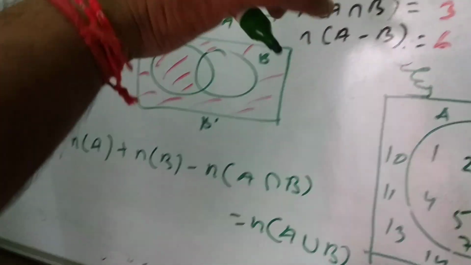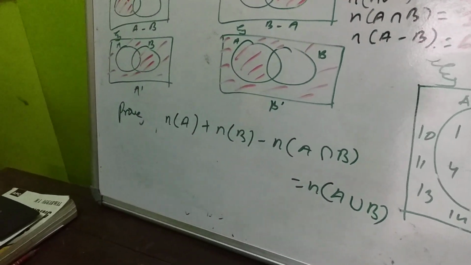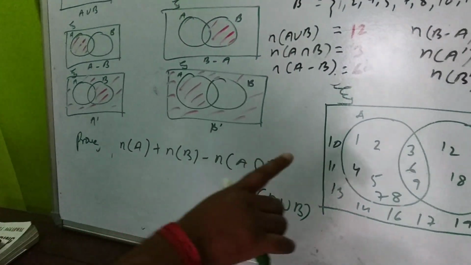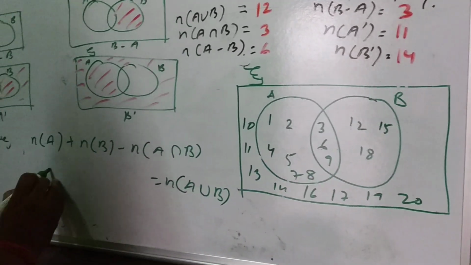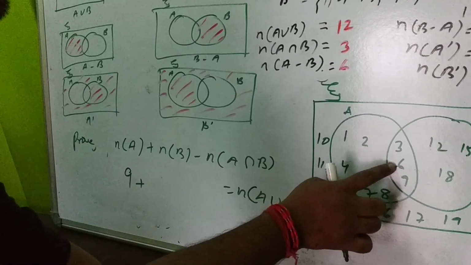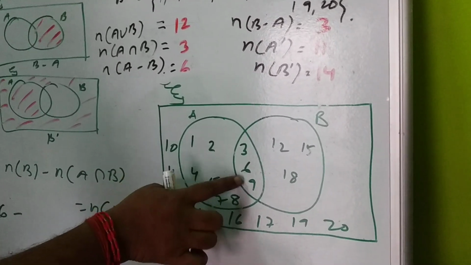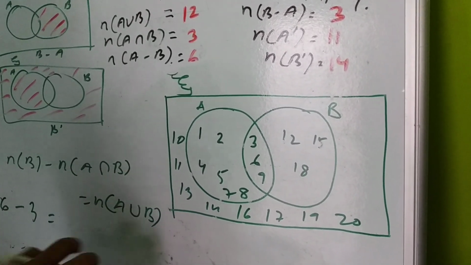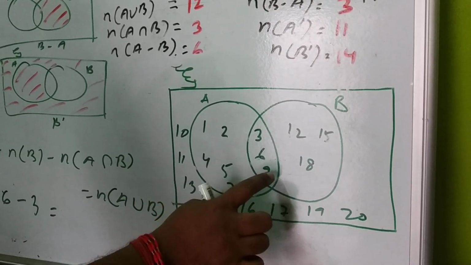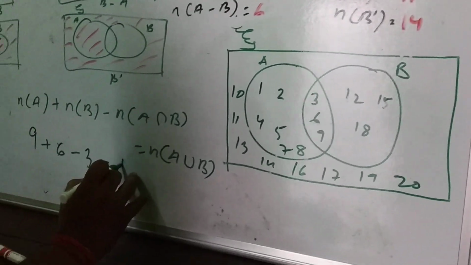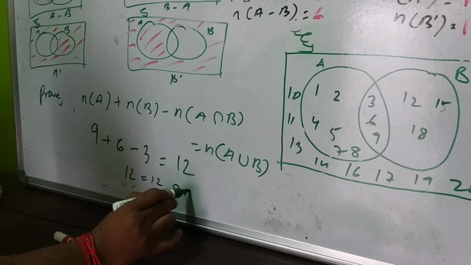The number of elements in A we have is 9, plus the number of elements in B, 6, minus the number of elements in A intersection B, 3. That should be equal to the number of elements in A union B all together, 12. Let's see. 9 plus 6 is 15. 15 minus 3 is 12. 12 equals 12. That is true.